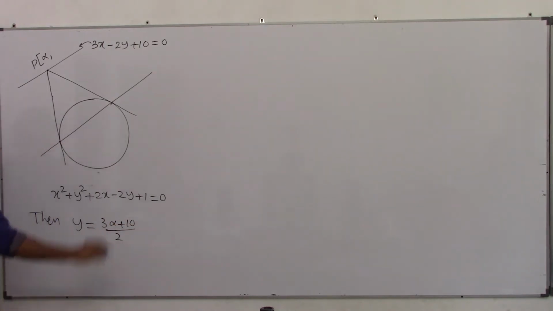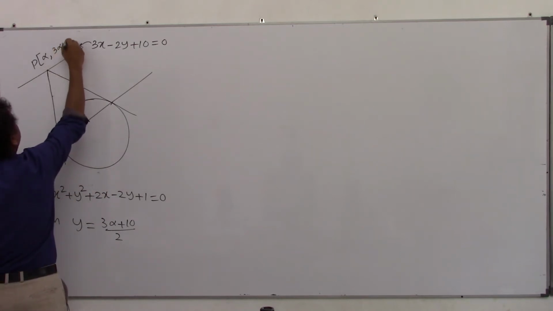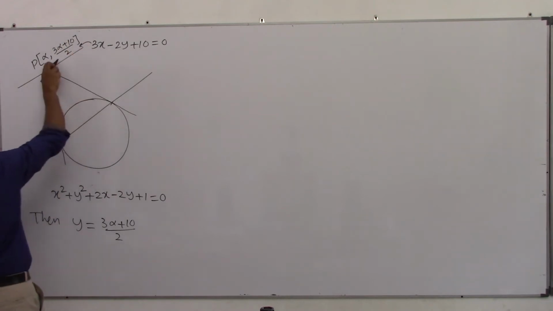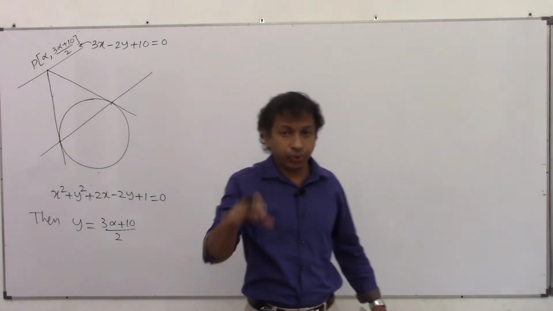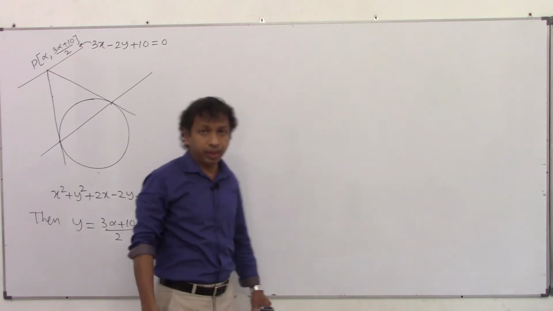If the x coordinate of the point P is alpha, the y coordinate can be found by substituting that alpha in the equation of the line.